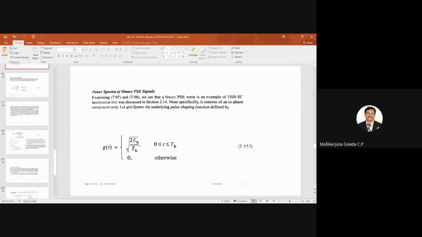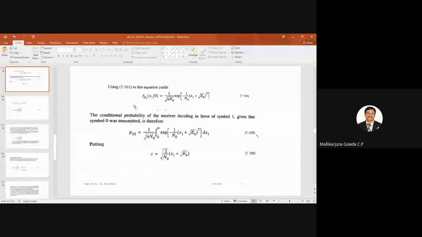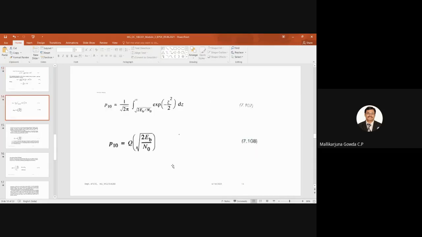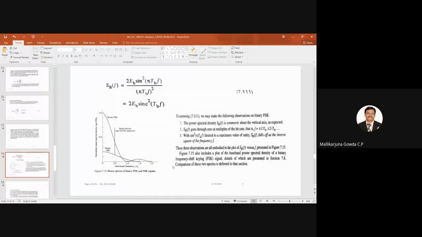Of course, in between some of the steps I have not shown, so I think you try it. If you're not getting it, I can help you. Okay. So I assume if you're not asking any questions, let me take up the next topic.